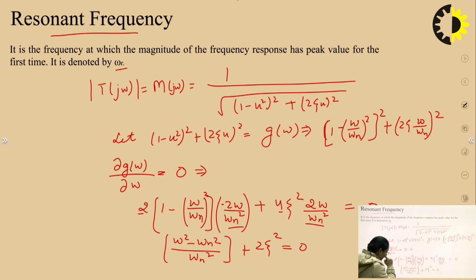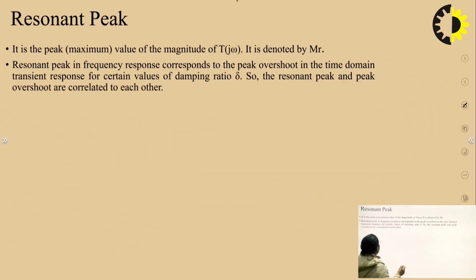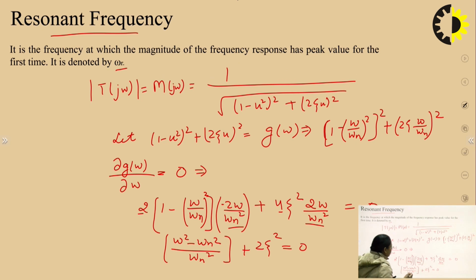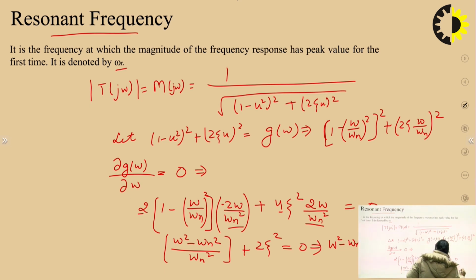When I am taking this term, I have to solve it here only. From here, what will be omega squared minus omega n squared plus twice of zeta squared omega n squared. Okay, so omega squared minus omega n squared plus twice of zeta squared omega n squared equals to 0.